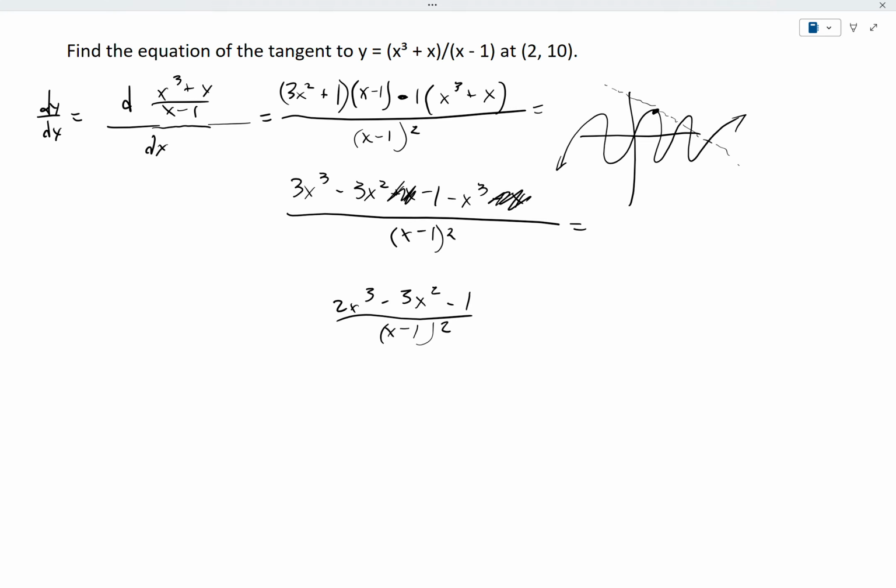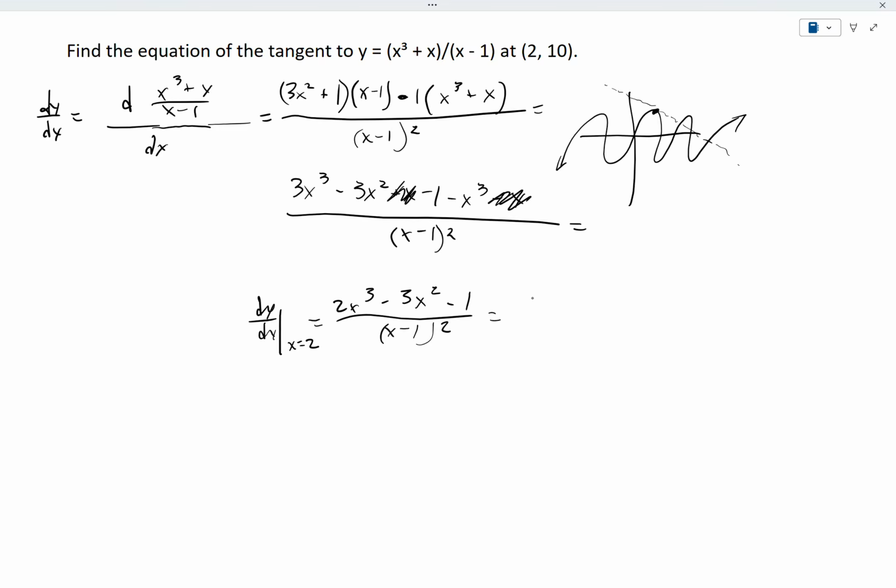And I want to find the derivative, not just some general formula like this. I want to find the derivative at 2, 10. In other words, when x is 2. So when x is 2, what is our slope? So I'm plugging in x equals 2 for every x right here.